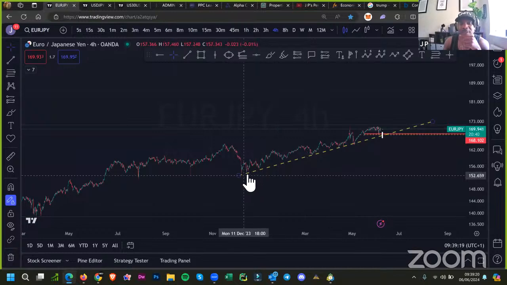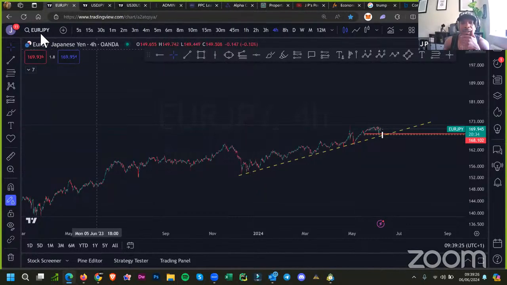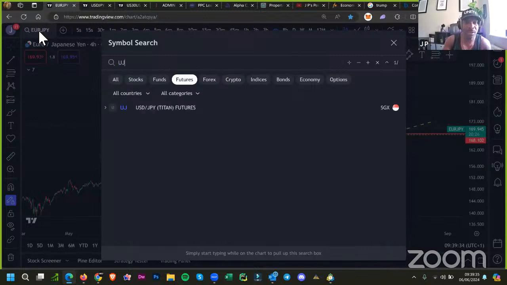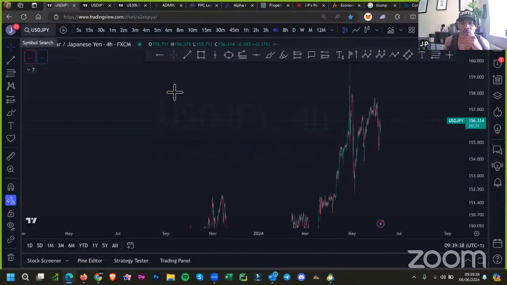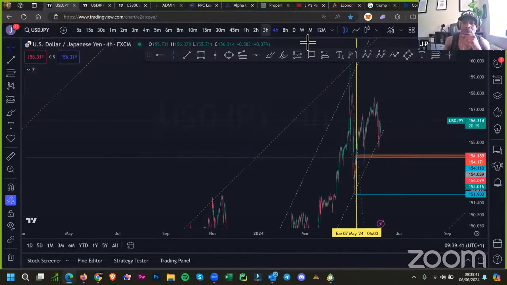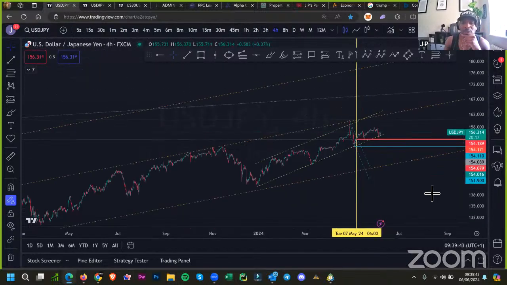So that dovish energy is essentially a bullish signal for markets that are paired with the Japanese yen, i.e. Euro JPY. Or better still, USD JPY. Do you get what I'm saying? We know that that's quite a bullish energy for it.